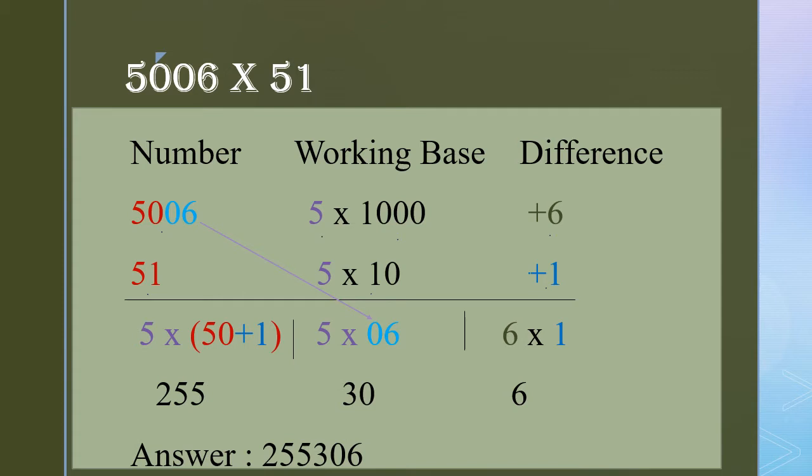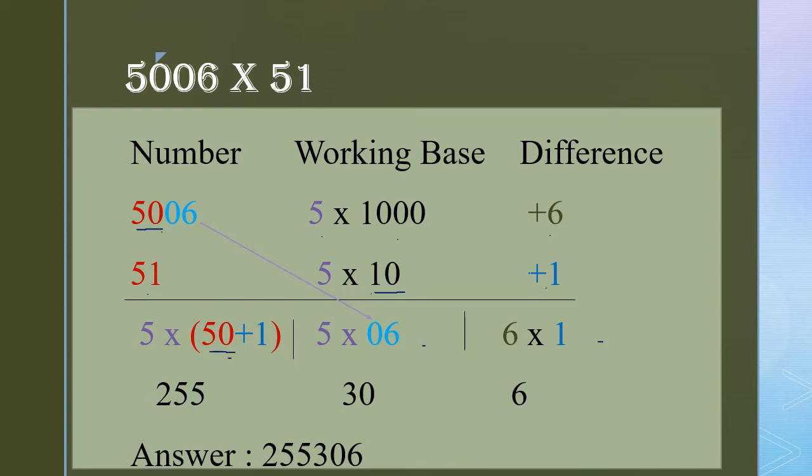Now our result will have three parts: the first part, the second part and the third part. For the first part, we first check the number of digits in the smaller base. The smaller base is 10, which has 2 digits. So we have to extract the first 2 digits from the bigger number. The bigger number is 5006, so we extract the first 2 digits, which is 50.